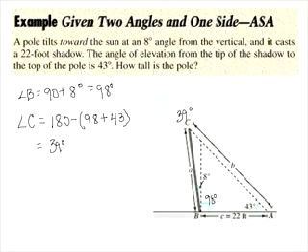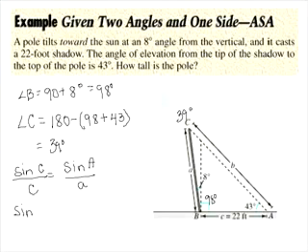So to find side A, because we know the measurements for both side C and angle C, I'm going to use the sine of C over C equals the sine of A over A to solve for little a.